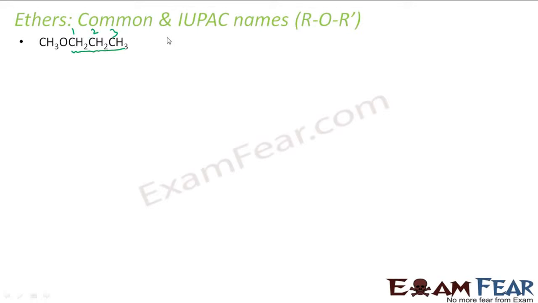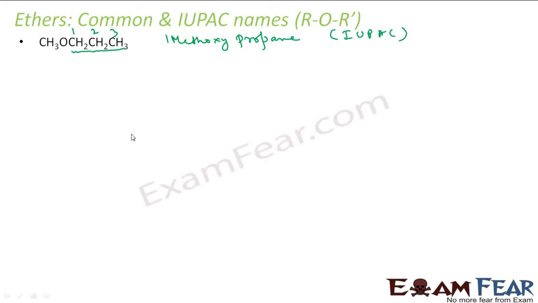So at 1 I have a methoxy group attached. So I'll have 1-methoxy, and then with prop, all single bond, ane. It's 1-methoxypropane. This will be my IUPAC name.